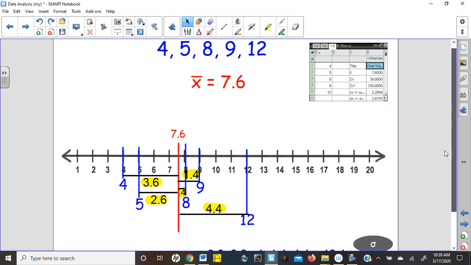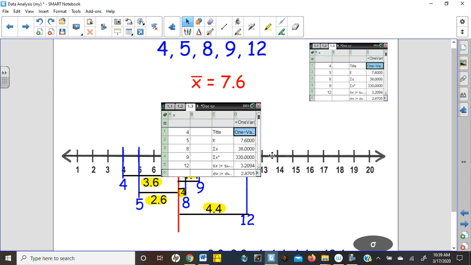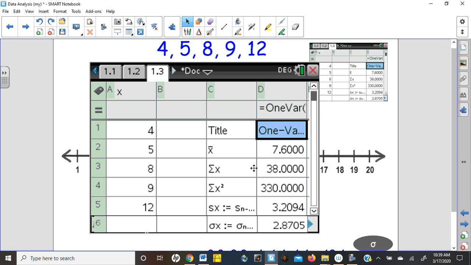I let the calculator, because I didn't feel like using that formula, I let the calculator do it. You guys can do these on your calculator. I'll show you how if we have time this semester, but I just put the 5 data points in here and I said run one variable statistics for me, and there's that 7.6 mean that we talked about, right?